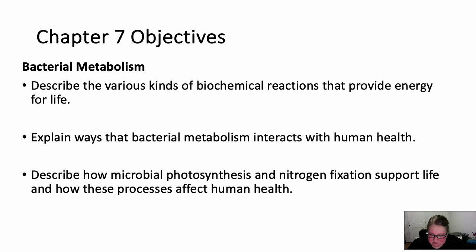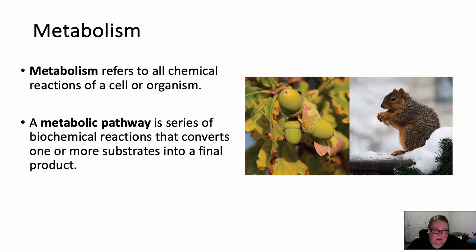So let's talk about some vocabulary we should know. This might look familiar if you took Biology 201. This is Biology 201's metabolism slide. Just a reminder, metabolism is literally all of the chemical reactions that are happening in a cell or organism, whereas a metabolic pathway is part of that metabolism.